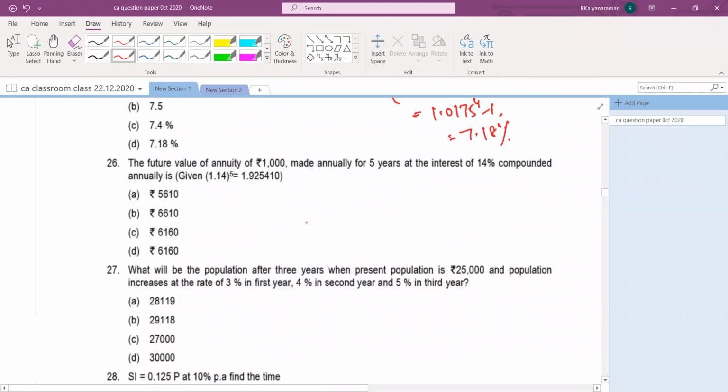The future value of an annuity of 1,000 made annually for 5 years at the rate of 14% compounded.